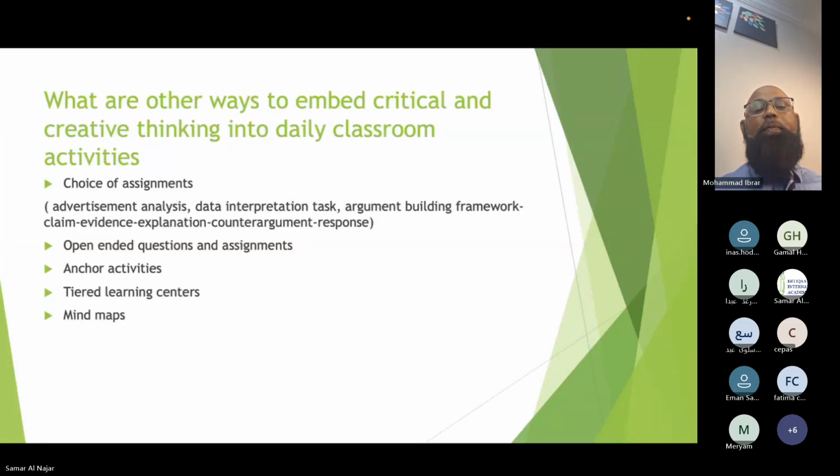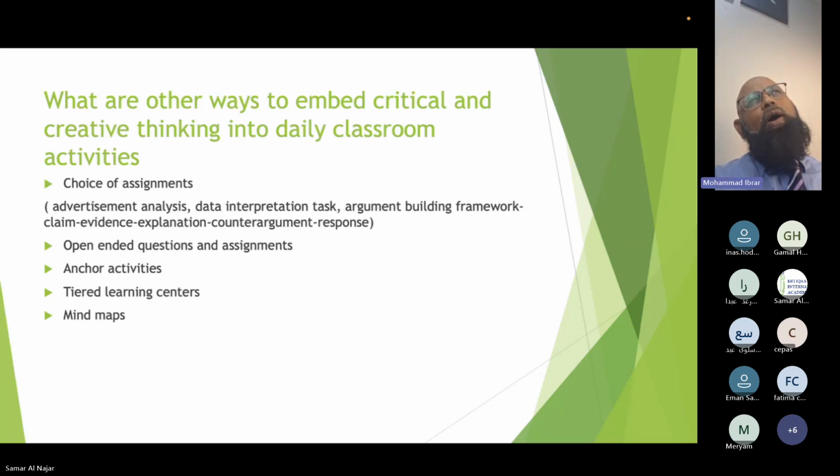Okay, so what other ways are there to embed critical and creative thinking into daily classroom activities? For example, choice of assignment, advertisement analysis. For example, you show one advertisement to students. What's happening in this advertisement? What do you notice? Who is the target audience?